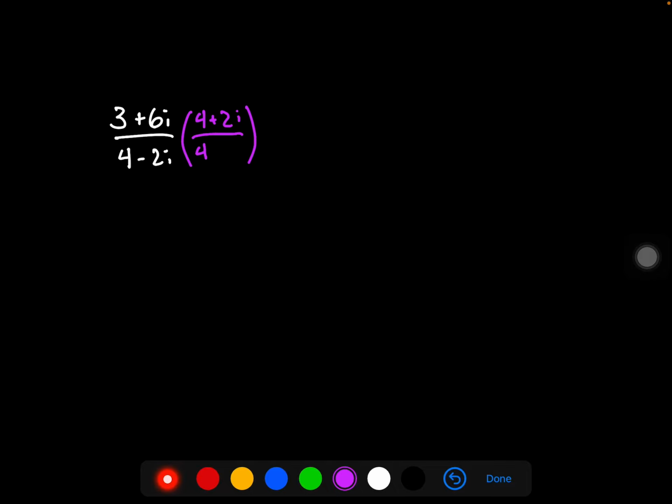And so we're going to end up with a difference of squares. If you recall, a difference of squares looks like x squared minus a squared, which is equal, in factored form, to x plus a times x minus a.